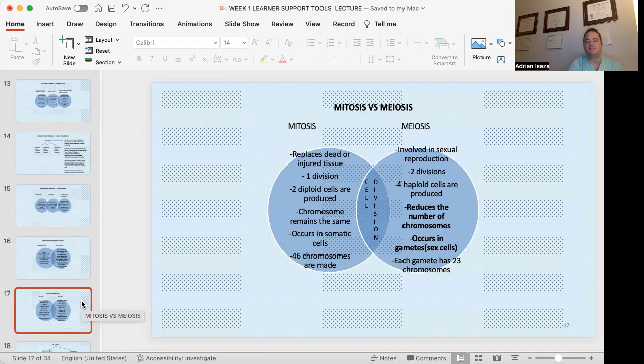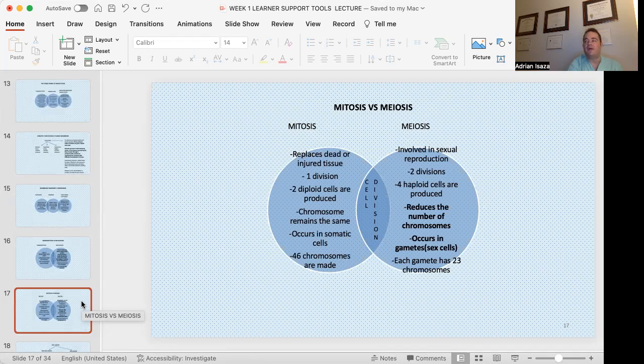Mitosis, right? So mitosis has to do with cell division, and as it says here, it replaces dead or injured tissue. That ability to regenerate is mitosis. A fractured bone heals, that is mitosis.